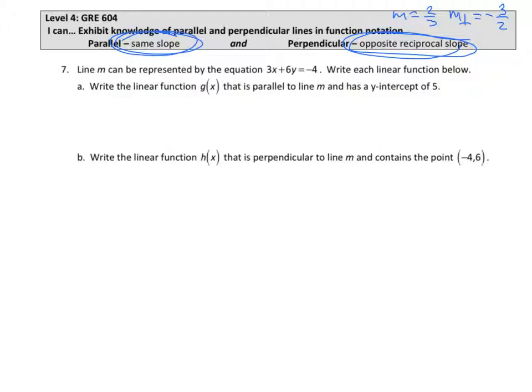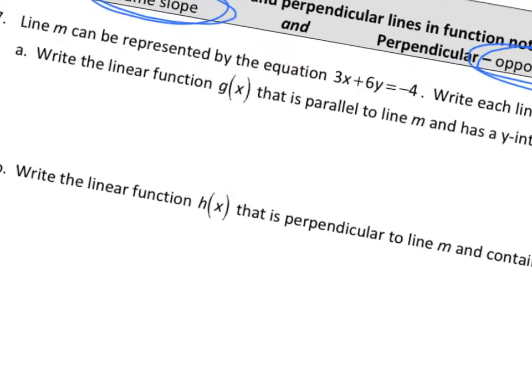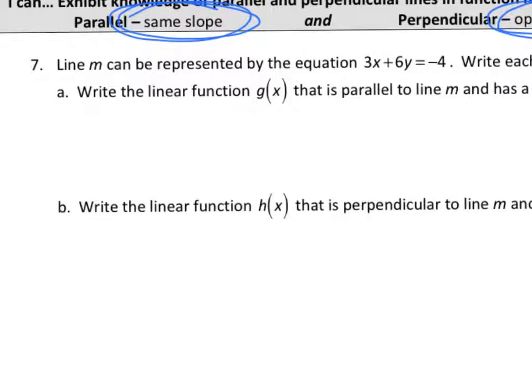So I'm going to zoom in a little bit. 3x plus 6y equals -4 is my line. I want to solve for y, so I'm going to subtract 3x from both sides. And I get 6y equals -3x minus 4.